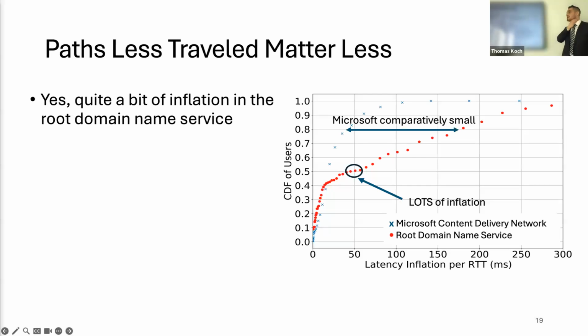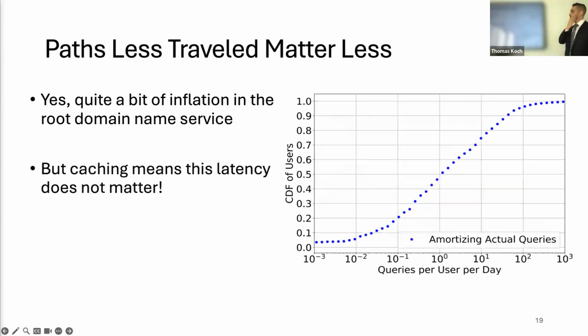So then I wanted to ask the question, well, how does this inefficiency affect users? Because if it doesn't affect users, it's not a problem. And so what I did is I went and quantified the number of times per day on average that a user would interact with the root domain name service. And that's what I'm showing on this graph. On the x-axis, I'm showing queries per day that you would send to the root domain name service.